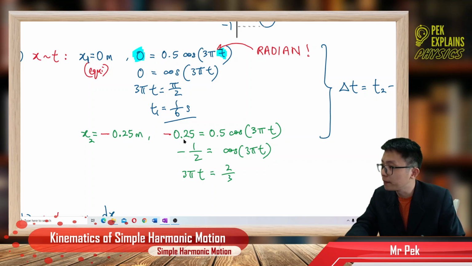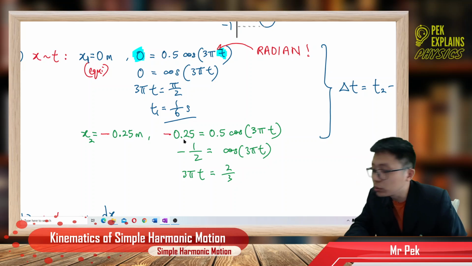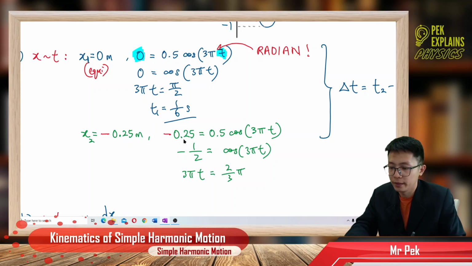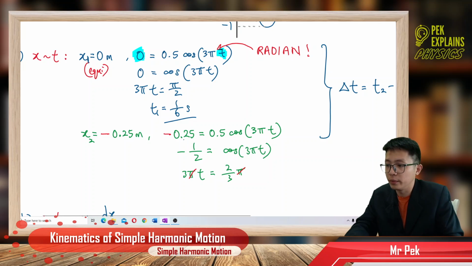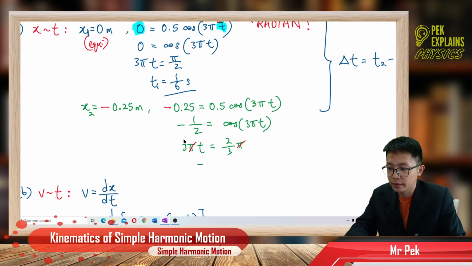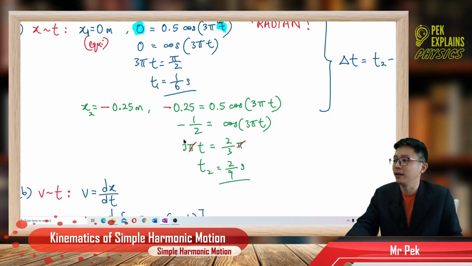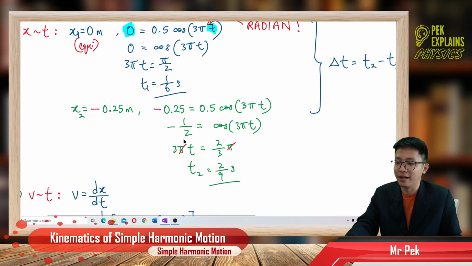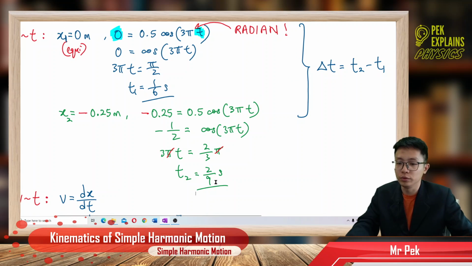So cut off, and we will get the time t2 is 2 over 9 seconds. So we got the time 2.